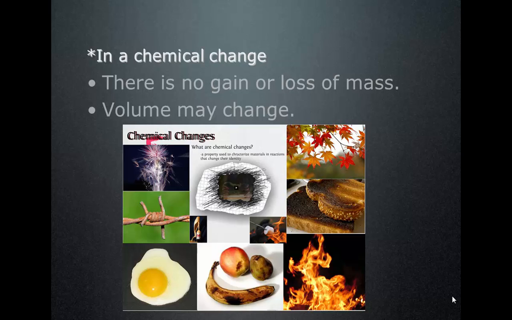Cooking is a chemical reaction. The actual molecules change. Fruit rotting, anything burning, toast burning. Okay, that is a chemical reaction. The leaves of a tree changing color in the fall. Those are chemical changes.